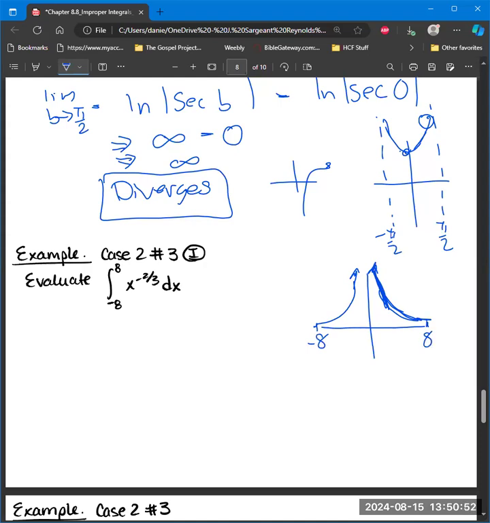And we're interested in this here. So we're going to have to split this up at 0. Negative 8 to 0 is our bad point.